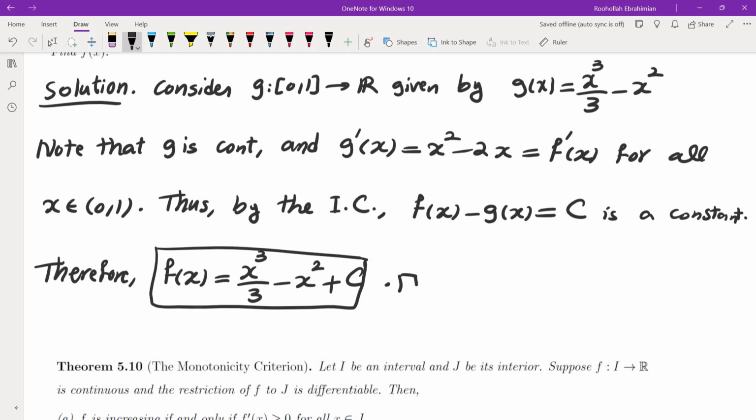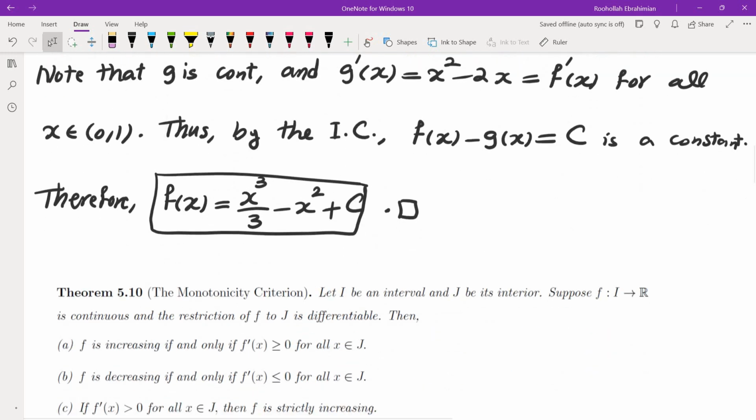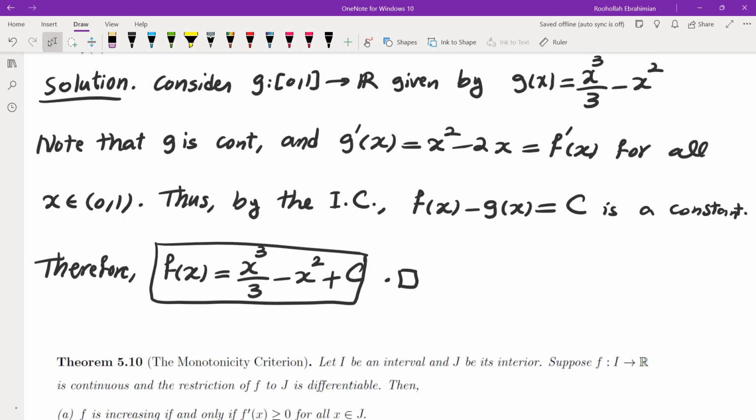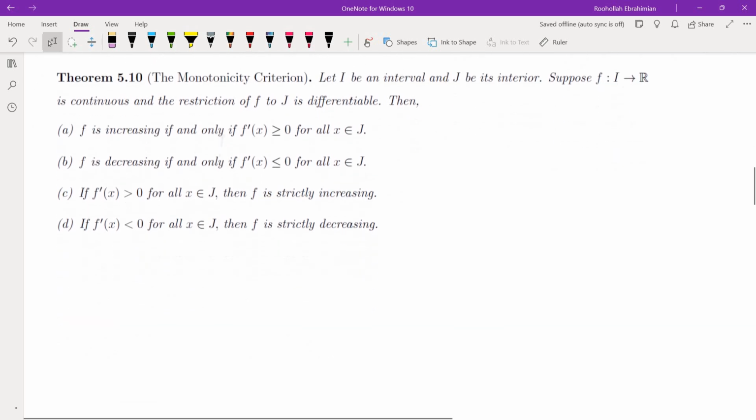So this answers the question. The question was to find all of these functions, and the answer is x cubed over 3 minus x squared plus c for some constant c. Okay, so this is the basis for really all of the integral problems that you did in single variable calculus.